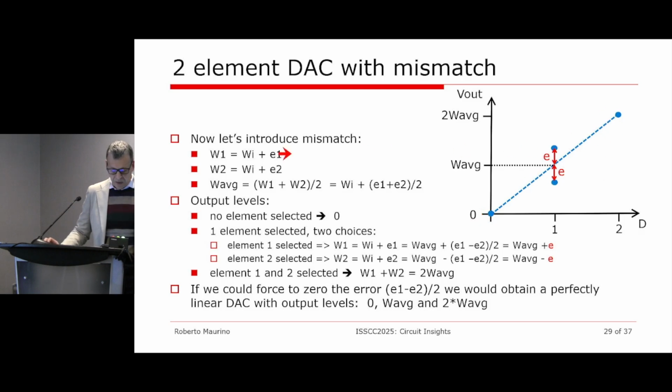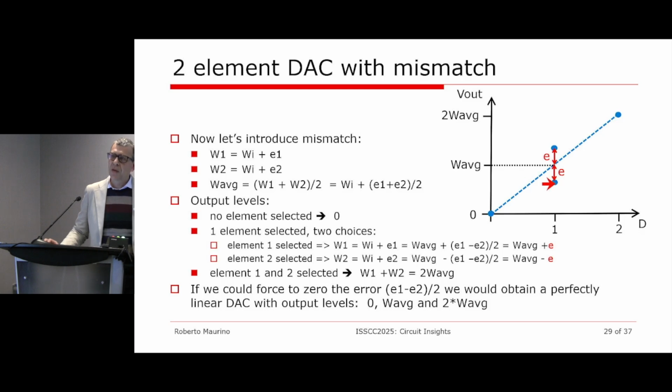At 2, if we define this average weight, we end up really with 2x the average weight. And that's fine. The problem is then for the midpoint at code 1, where we're actually free to select either the element 1 or element 2, but we never sit on this line if there are errors.